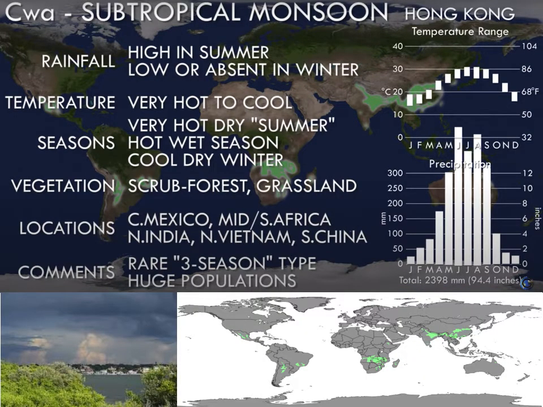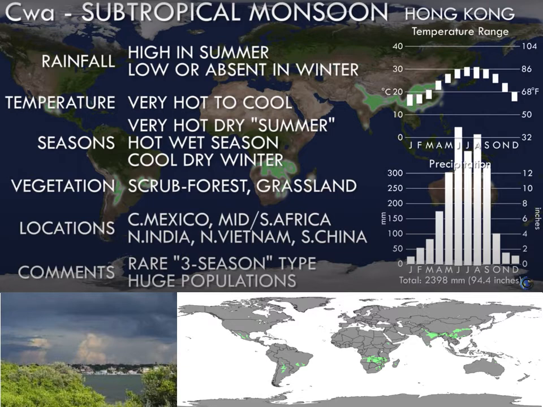Then CWA, subtropical monsoons. Now I come to C now. These areas, as you can see in the figures, are far away from tropical zones now. So mostly temperate zones. These areas have a dry winter, very dry due to the monsoon, and rain the rest of the year.